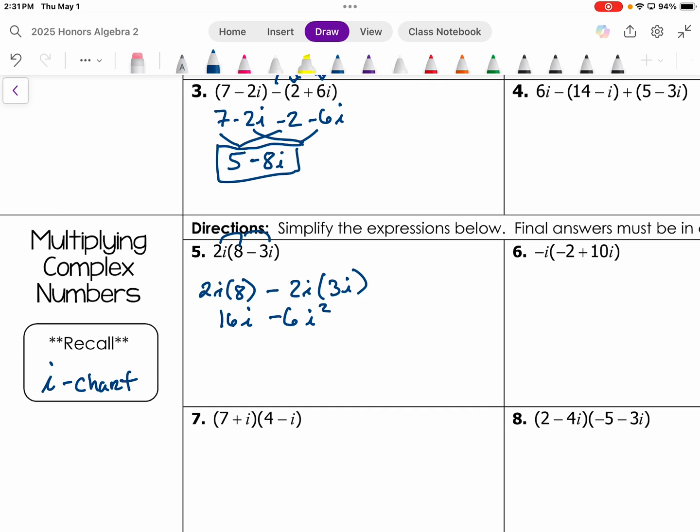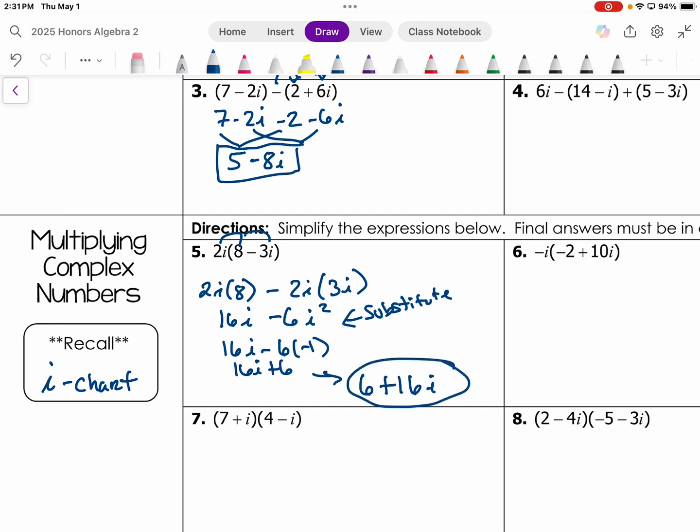And then we got to substitute in for the i chart. 16i minus 6 times a negative 1. That becomes 16i plus 6. And then I got to put it in proper form, 6 plus 16i. Real operation sign followed by the imaginary.